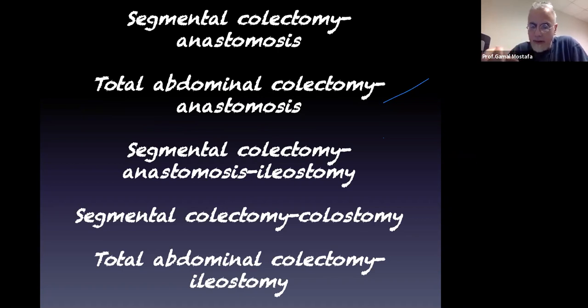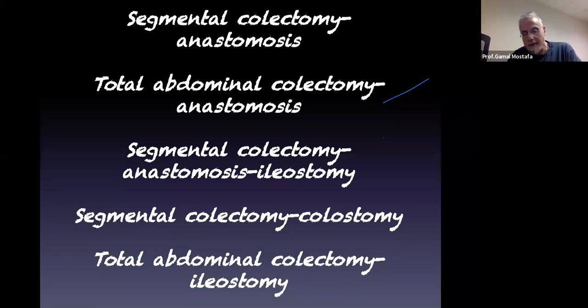You can do segmental colectomy, anastomosis, and protective ileostomy. If you're one of those who believe that I need bowel prep, you can do segmental colectomy and colostomy, the Hartmann's procedure, right? You can do a total abdominal colectomy and an ileostomy. So all these are potentially operations they can perform for an obstructed left-sided colon.